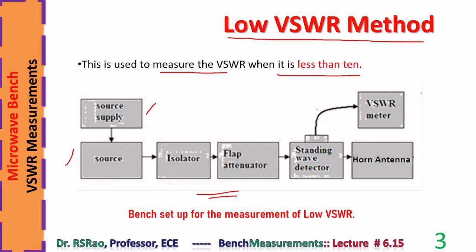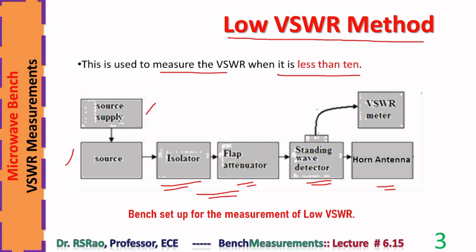If the source is a gun oscillator, the source supply becomes the gun supply. The source is always followed by an isolator, followed by a flap attenuator. The output of the attenuator is given to the standing wave detector, which is terminated with a horn antenna. The horn antenna is supposed to give a VSWR which is between 1 and 2. It is less than 10, so we can use the low VSWR method.